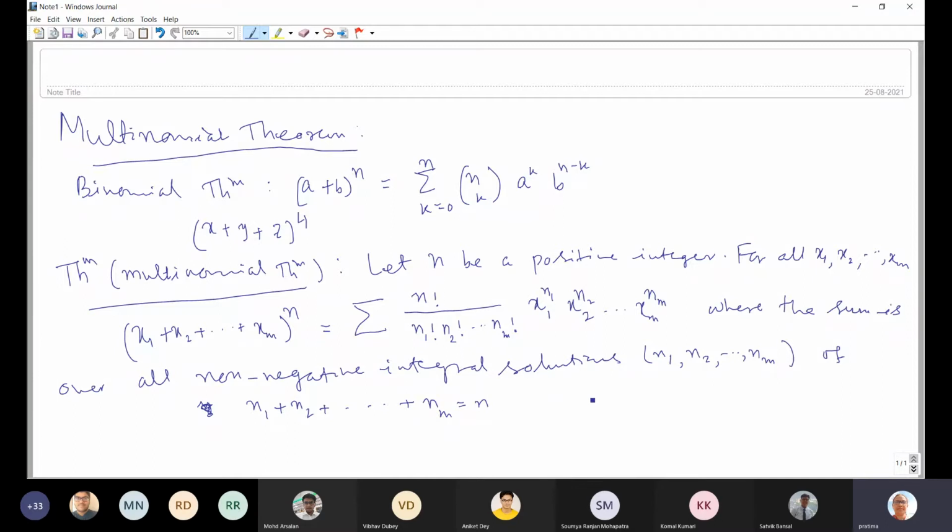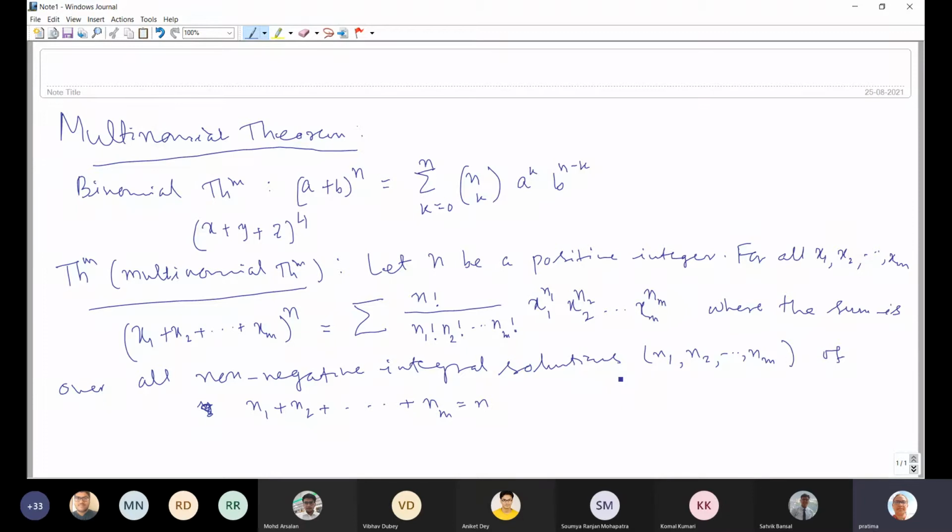So this sum will be over all non-negative integral solutions of this equation, the summation of ni equal to n.